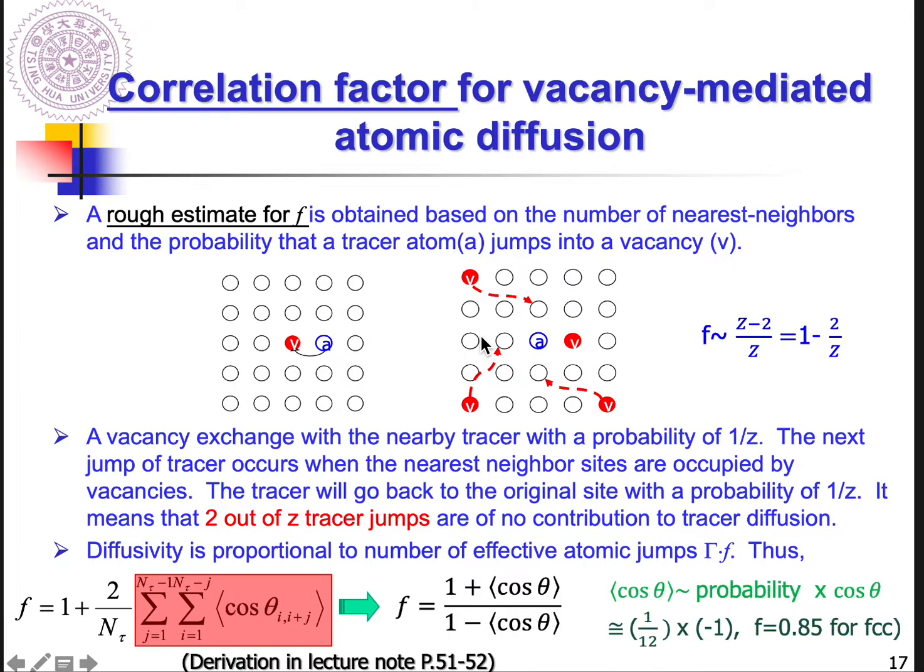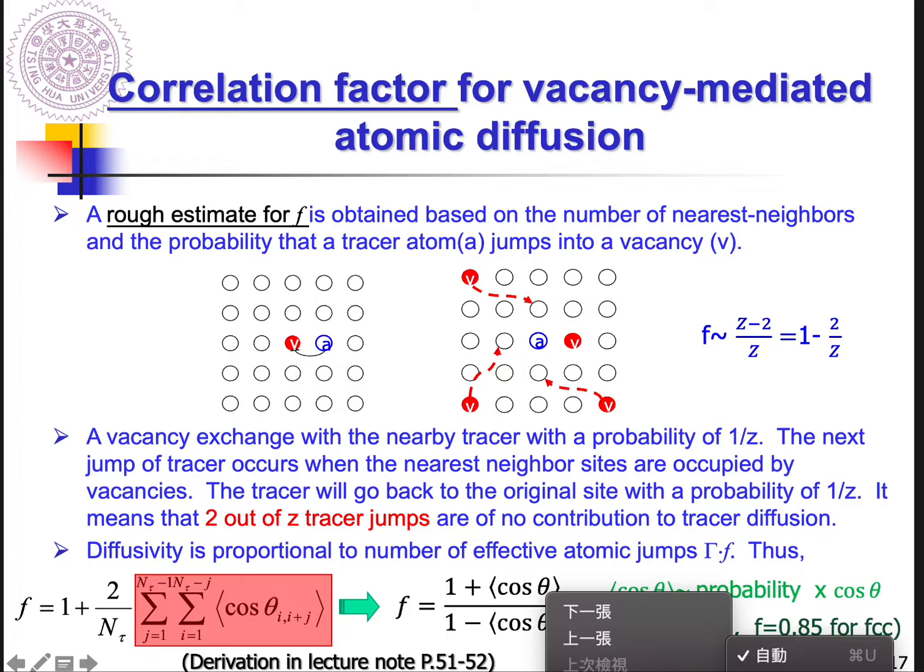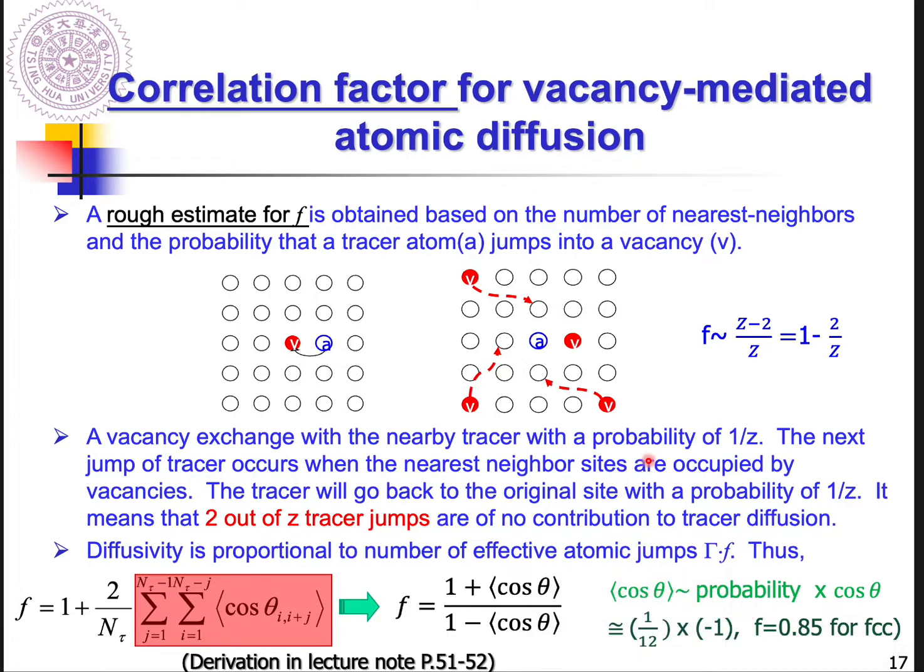Okay, so the cosine theta is what we mentioned: you use the probability, which is 1 over z, and if it is FCC it is 1 over 12, and the cosine theta for the successive jump, where you move away and back to the original site, is -1. So you substitute this in here, then f is 0.85.